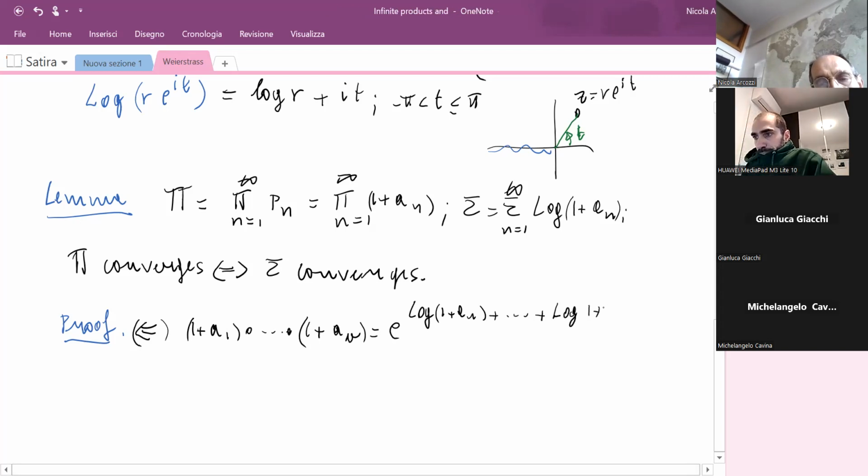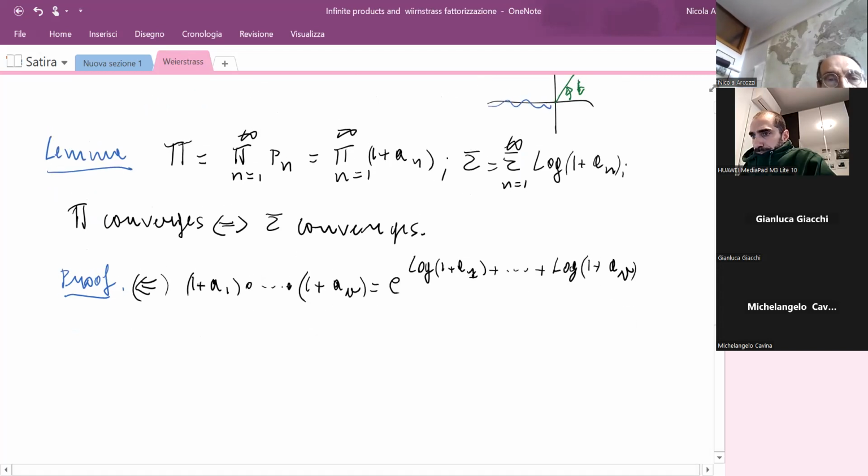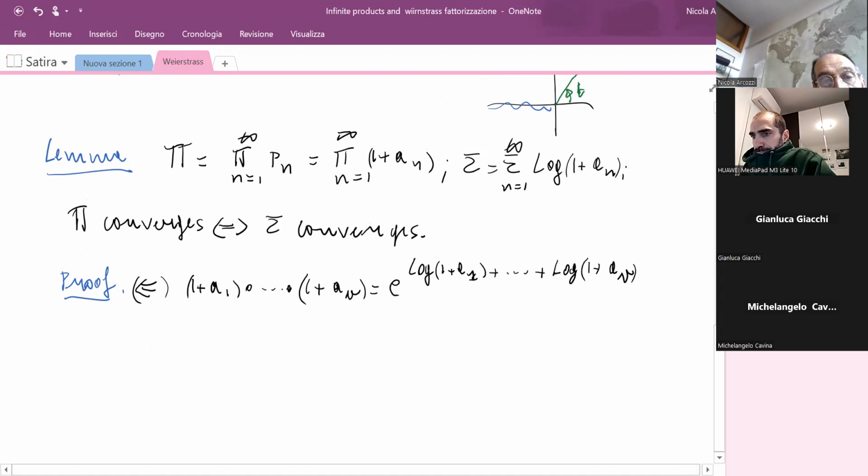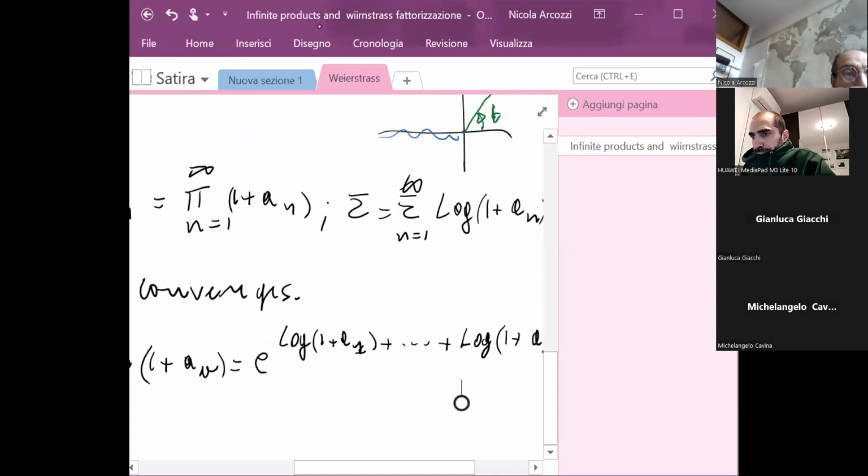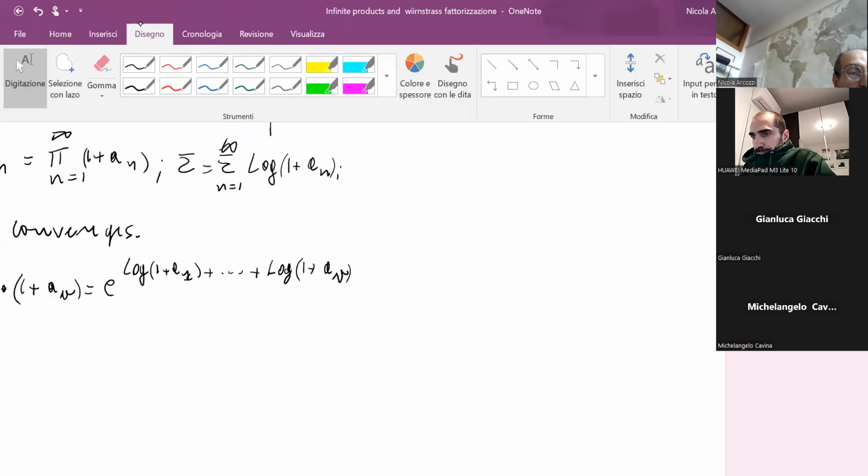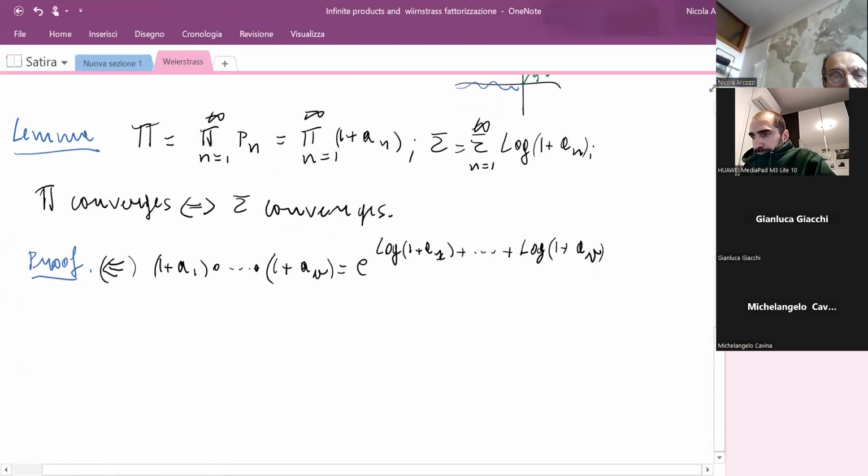So if the sum converges, it implies that the exponential of the sum converges, which means that the product converges.